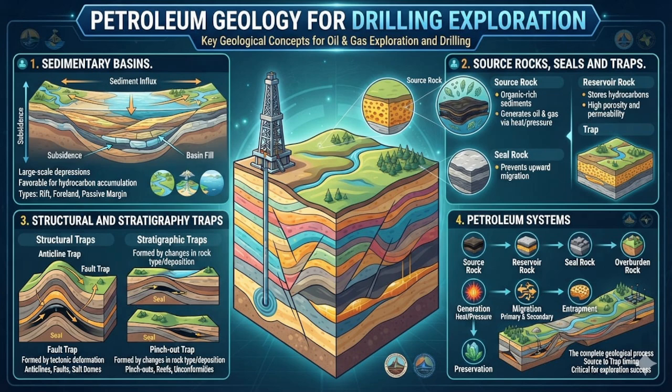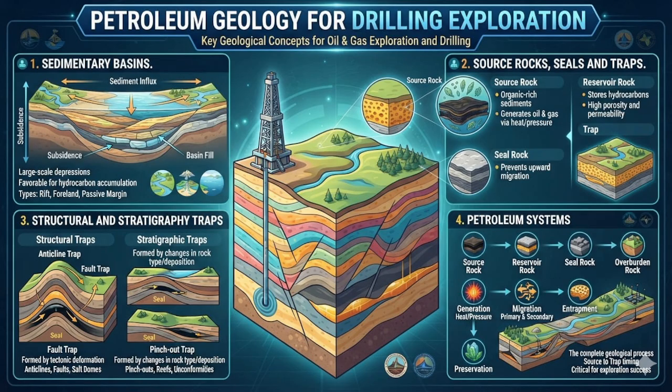Sedimentary basins provide the essential components of a petroleum system. They include source rocks, reservoir rocks, seal rocks, traps, and migration pathways. The source rocks are organic-rich shales that generate hydrocarbons. And then the next is the reservoir rocks. These are porous and permeable rocks that store hydrocarbons.